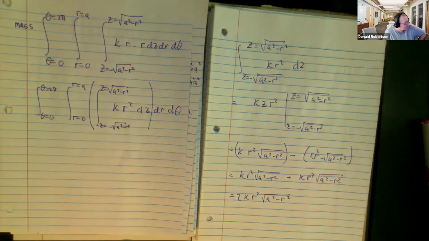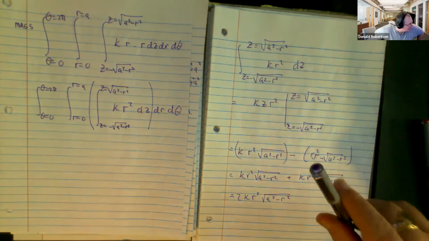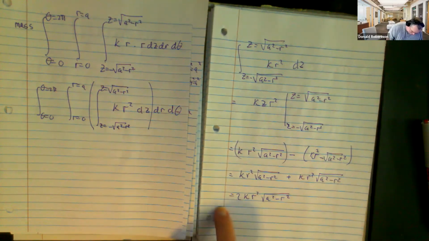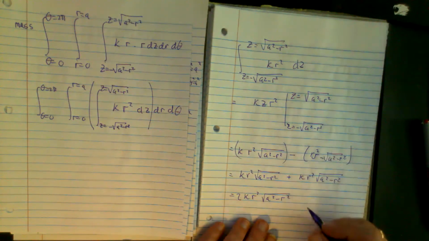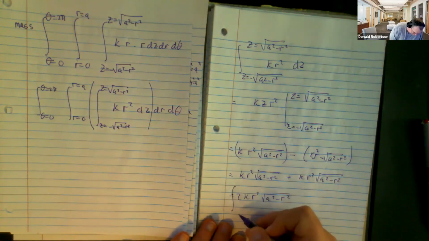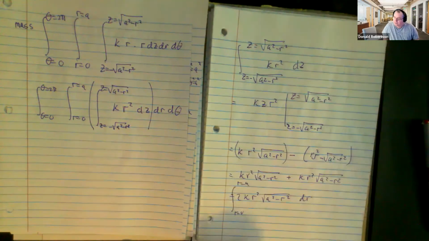Yeah, I'm looking at this. Oh, they used the back of the book, the 200 special integrals. That's what they did. Next line, you're going to have to do r equals 0 to r equals a of dr. That's where the problem is, right?